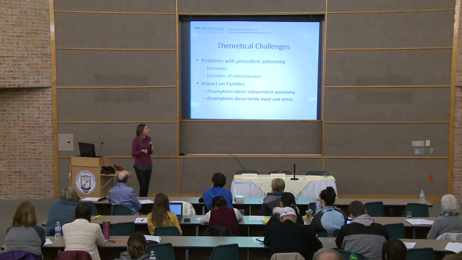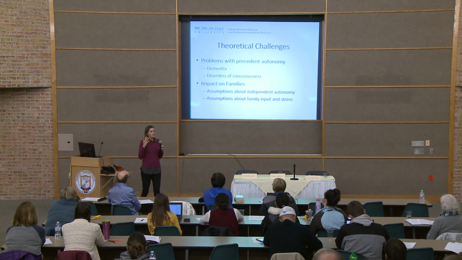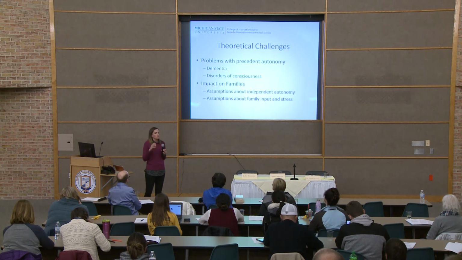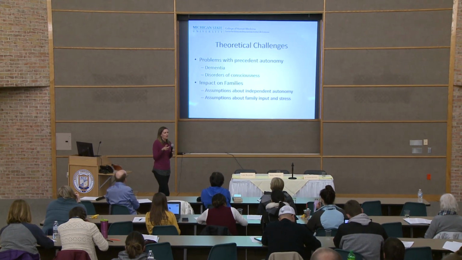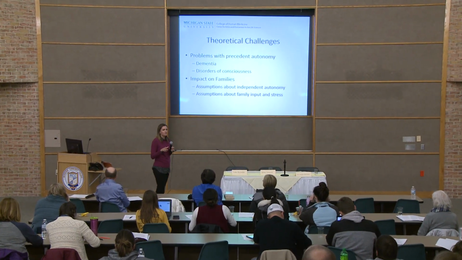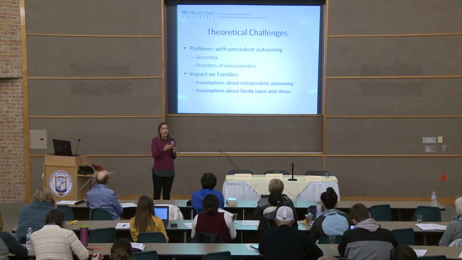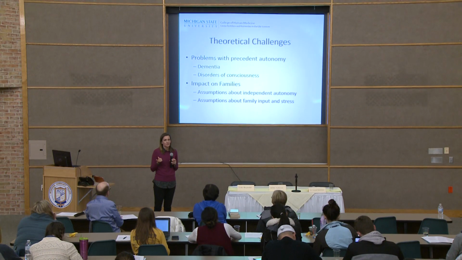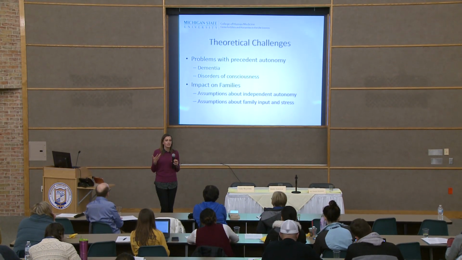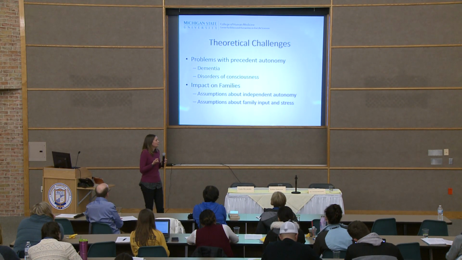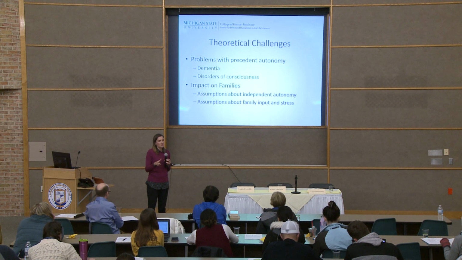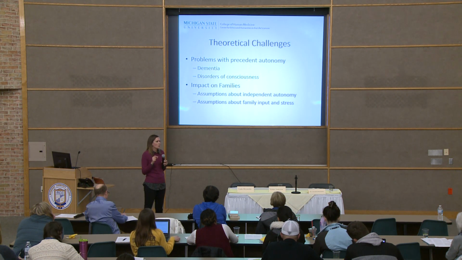Okay, so other problems that we theoretically debate in bioethics, and they're somewhat related. We call an advance directive a use of precedent autonomy, meaning we want to honor your autonomous wishes, the things that you want as an independent decision maker. But we're worried sometimes when you don't have decision-making capacity, but your life seems okay.